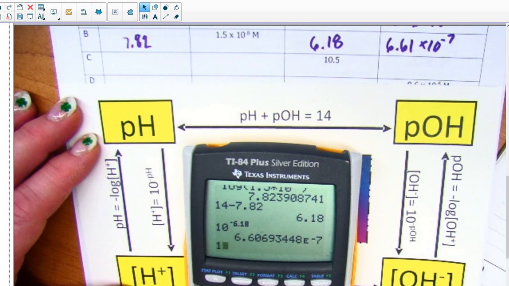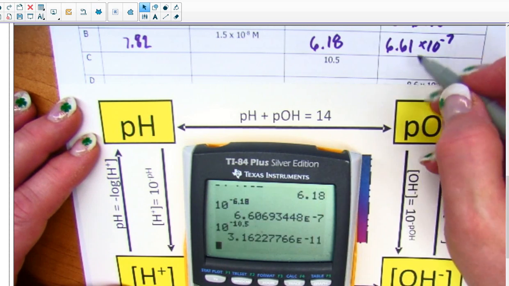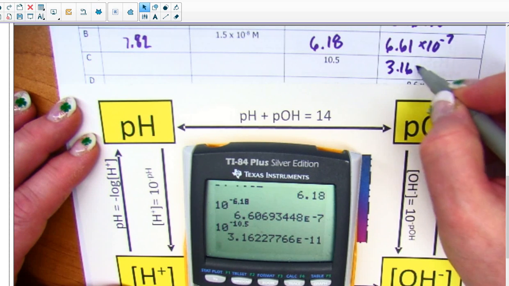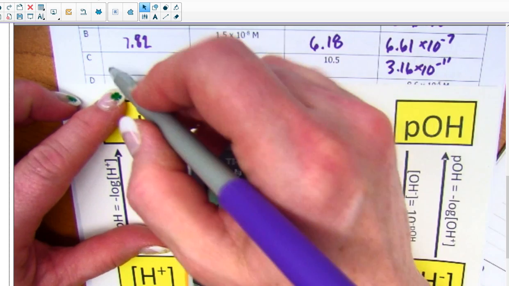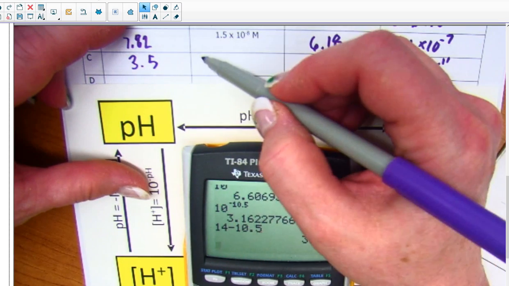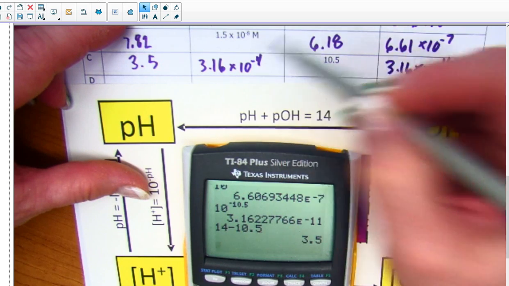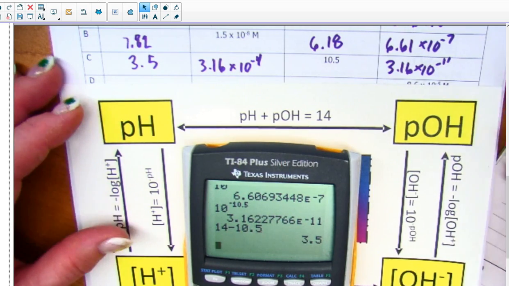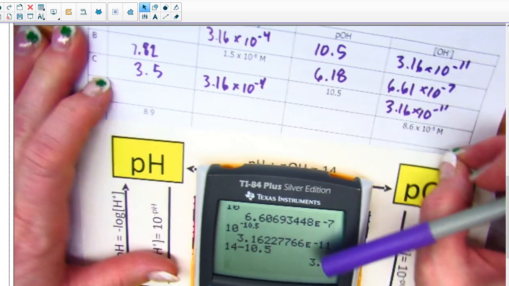So I can go 10 to the negative 10.5, and I get 3.16 times 10 to the negative 11. I can take 14 minus 10.5, and I've got the pH, which is 3.5, and we've already done the 3.5 up here, so 3.16 times 10 to the negative 4, which these two were the same, so I could have caught that there too.